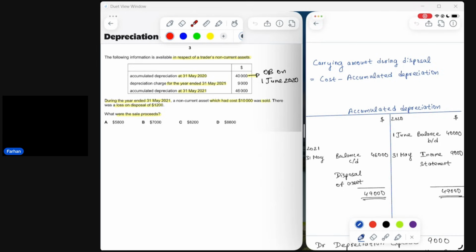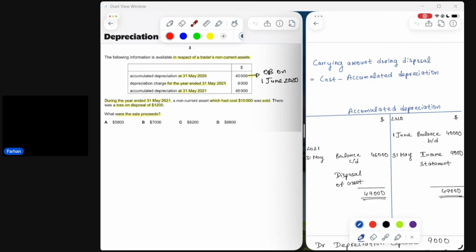The following information is available in respect of a trader's non-current assets. In the table, we are given the accumulated depreciation at 31 May 2020, the depreciation charge for the year ended 31 May 2021, and the accumulated depreciation at 31 May 2021.